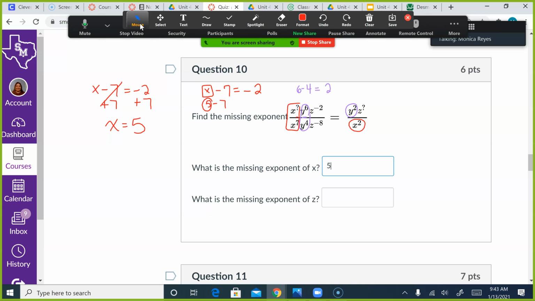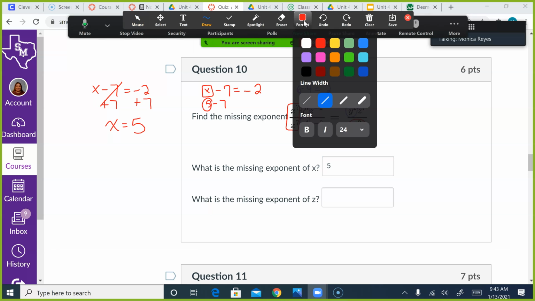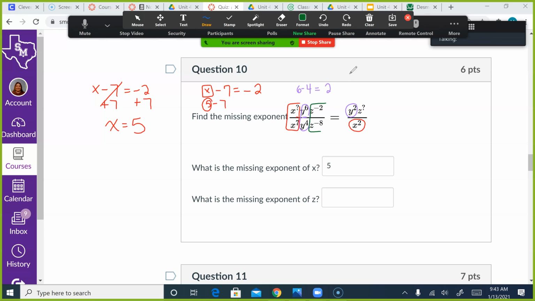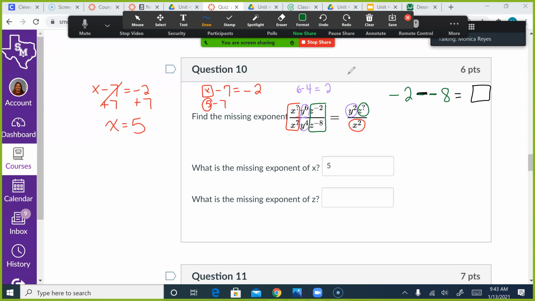And then we want to do the missing number on the z. So for the z, we actually don't have to solve for this one because we're just looking for the answer. So we're going to do negative 2 minus, because you're always subtracting, negative 8. And we want to know, what does that exponent equal? So here, when I have a negative and a negative together, I'm going to end up adding these two.